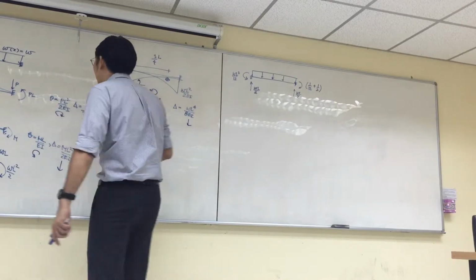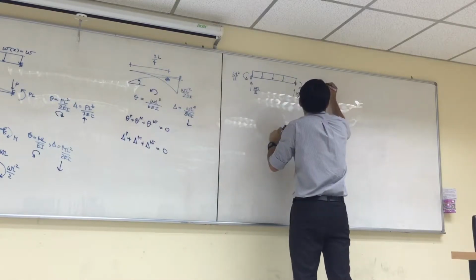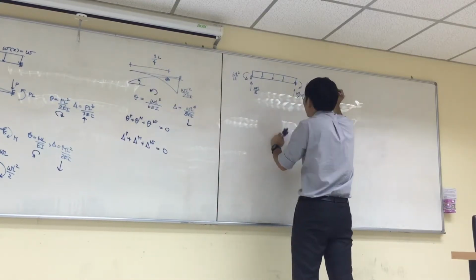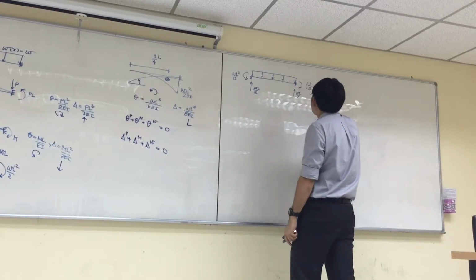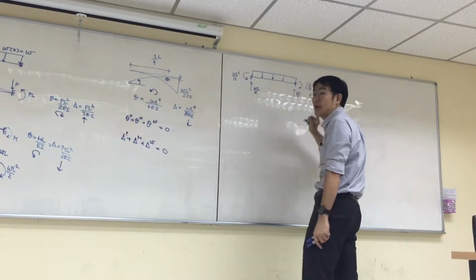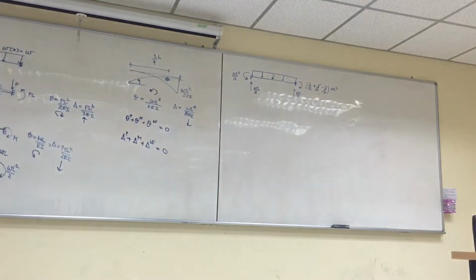P is WL/2, so that is also a half, WL². So cancel, you end up with just WL²/12. And here's how you come up with your fixed end moment. Fixed end reactions: WL/2, WL²/12, and so on.